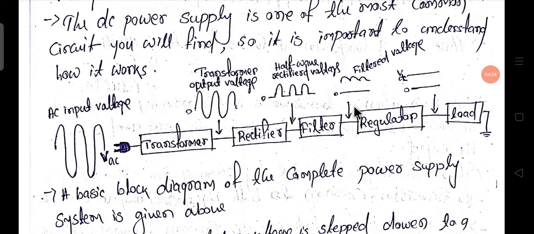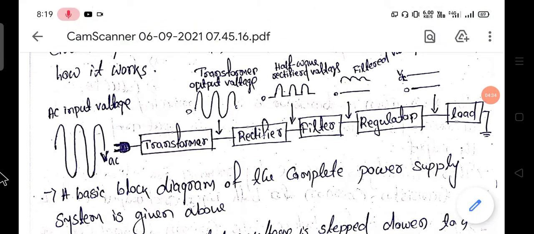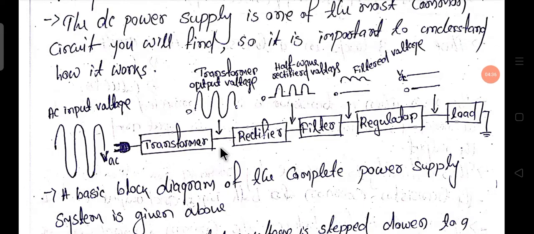Then we use a circuit called the regulator. What does this regulator do? It maintains a constant voltage level of that filtered voltage. That means if there is some variation or pulsation in the filtered DC, that pulsation or variation is removed by this regulator.